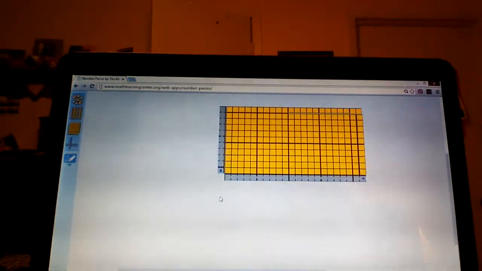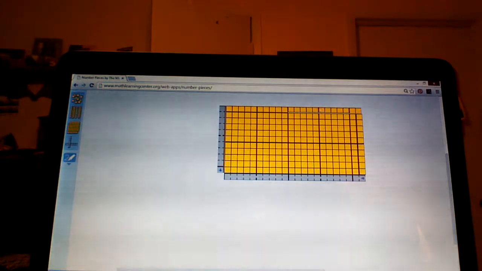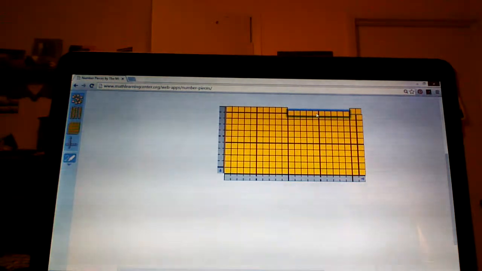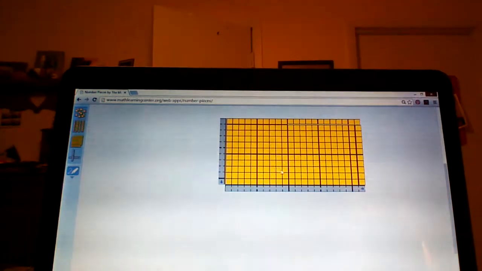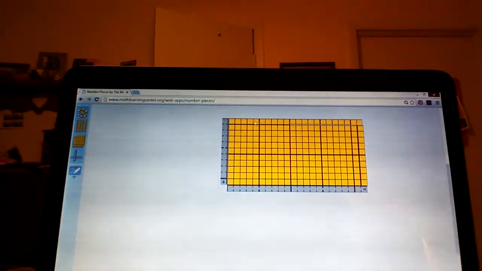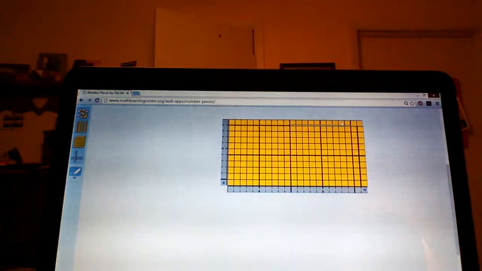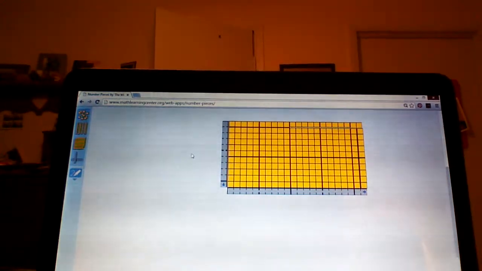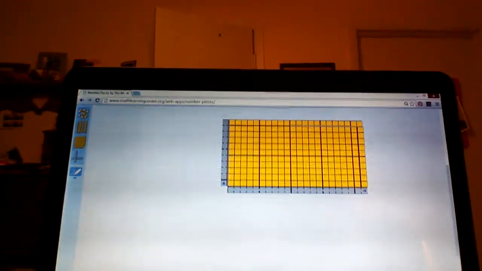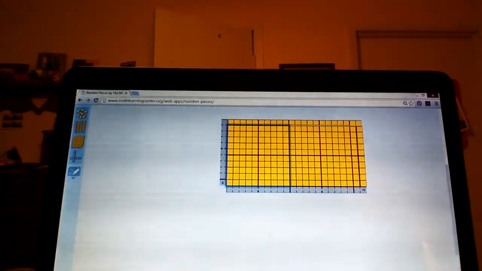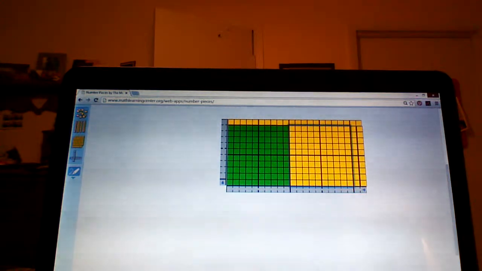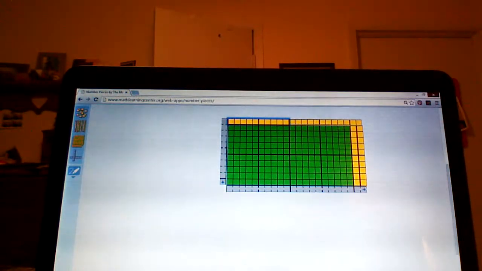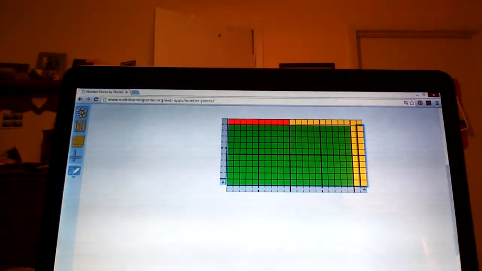Alright. So this is our multiplication table area. We have 2 flats and we have 4 longs and 2 units. To visually see this, I'm going to do these green and these red.